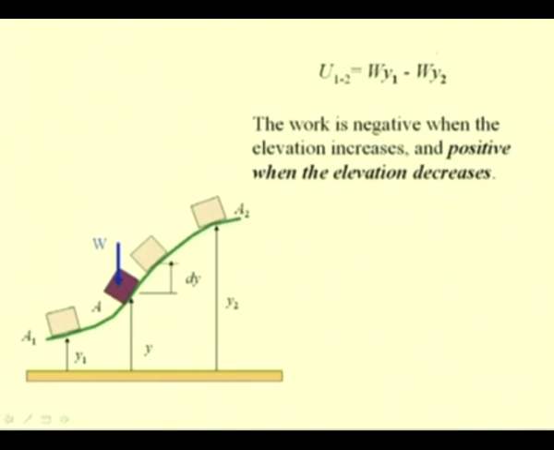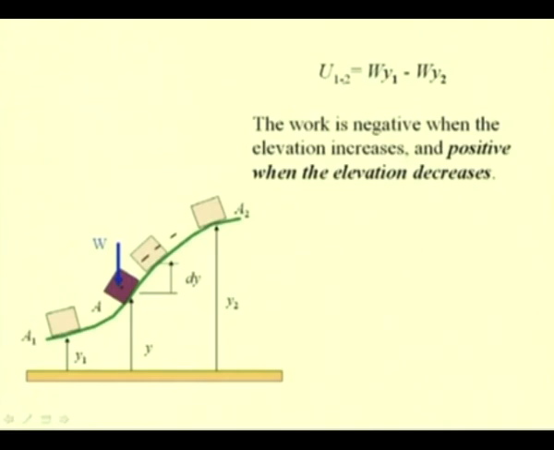So, this value is negative, and we see that the work done between position 1 to 2 is negative when the CG of this object is being raised along this path. So, the CG of this object is being raised, and so we find that this work is negative work.